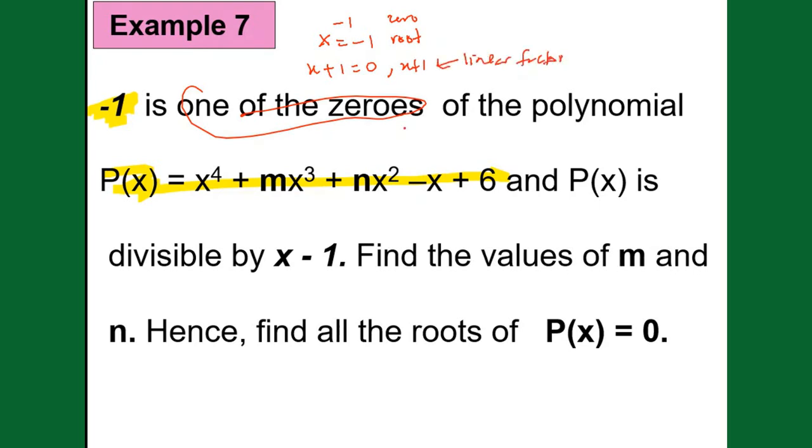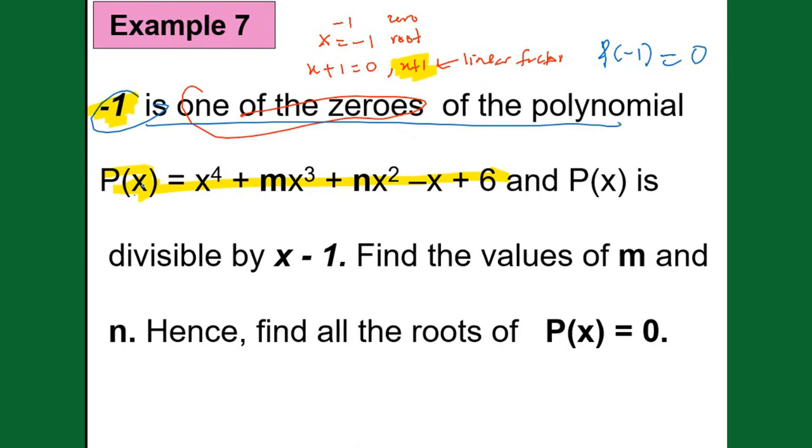Dia benda yang sama. Okay, so now sekarang ni kita nak tanda habaq sebenarnya. Okay, this is one of the linear factors. Sebenarnya abang tentu kan, ataupun substitute, atau dia nak habaq substitute ni p of negative 1 is equal to 0. Info yang ni.